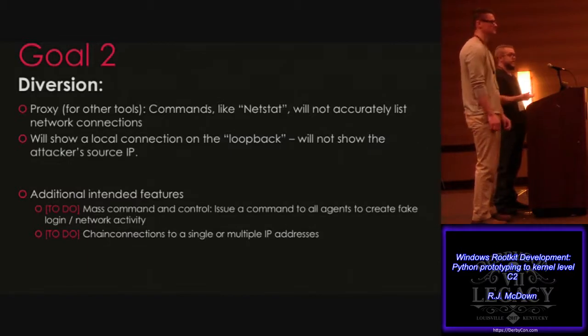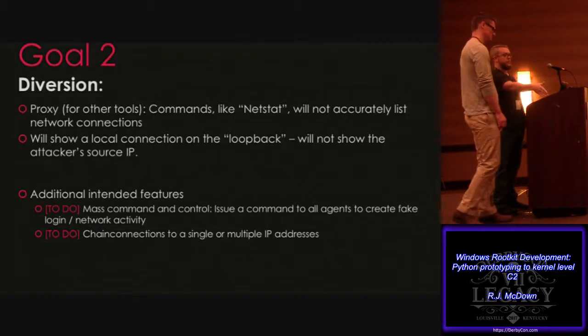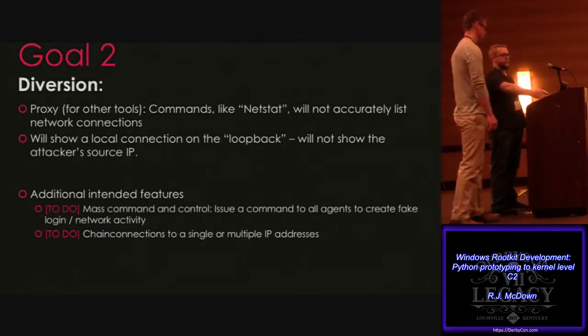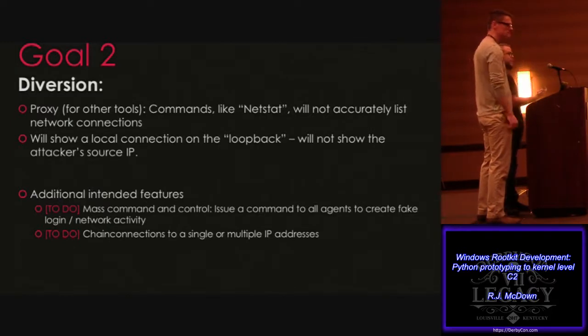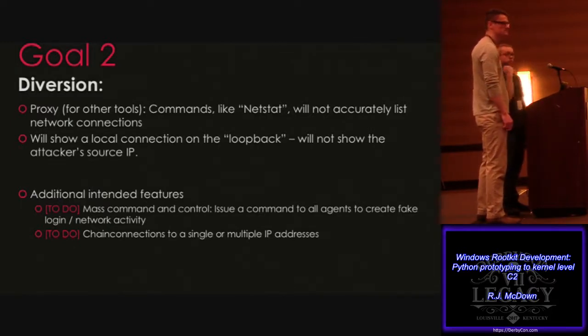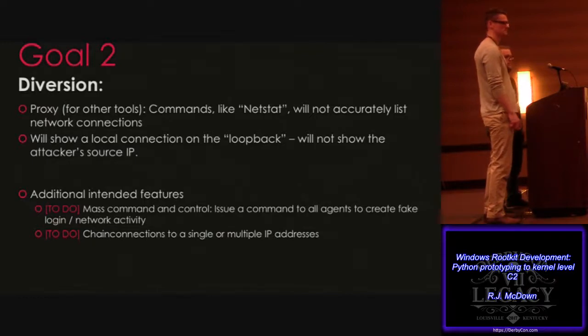And so the other thing is that it kind of gives us an advantage, because if they have a bunch of traffic logging into this jump box from, let's say, a legitimate admin's workstation, we can use that same technique to show that it's on loopback to make it look like it's coming from that machine. So we can make it look like we're coming from somewhere that we're actually not, which is a pretty big advantage.